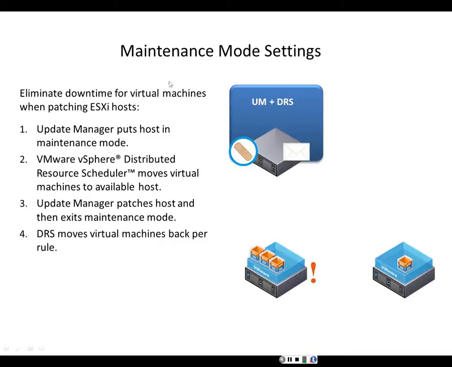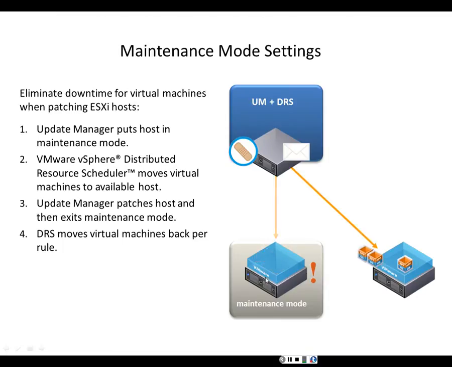Maintenance mode settings eliminate downtime for virtual machines when patching ESXi hosts. There are 4 steps. Number 1, the Update Manager puts the host in maintenance mode. Then 2, the vSphere Distributed Resource Scheduler moves the virtual machines to another host, so those virtual machines will still be available to users when this ESXi host is getting updated.